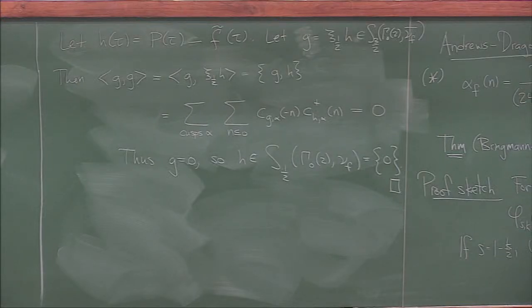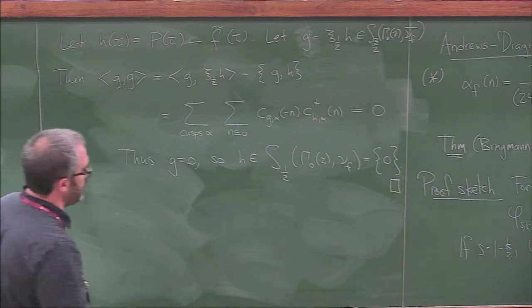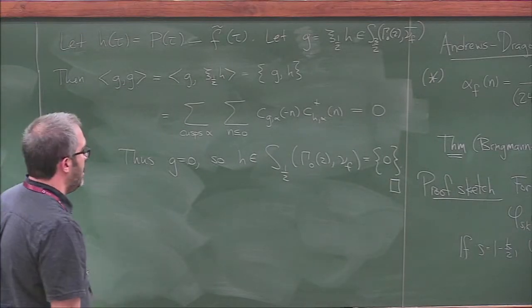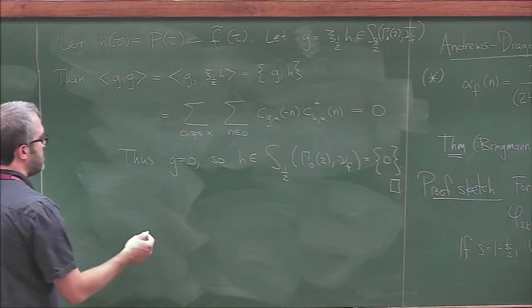One immediate question you might have is, can you extend this to other Mock theta functions? We have this Andrews-Dragonette conjecture that's specifically about the order 3 Mock theta function f of q. So, well, let's talk about omega.